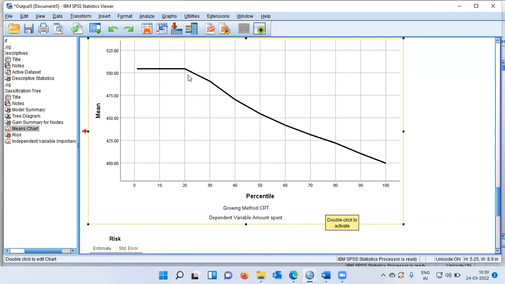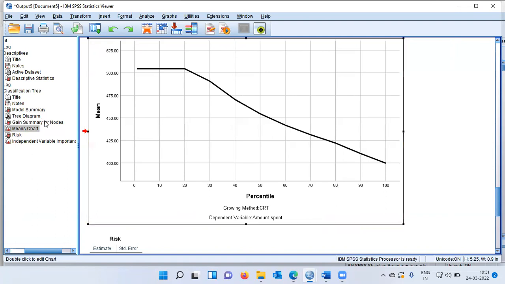It continuously drops. In the industry, we mainly look at a cutoff of the 30th percentile value. So even if you look at the 30th percentile or the top 3 buckets, you will be able to see a high spend. This is how you can interpret the means chart.